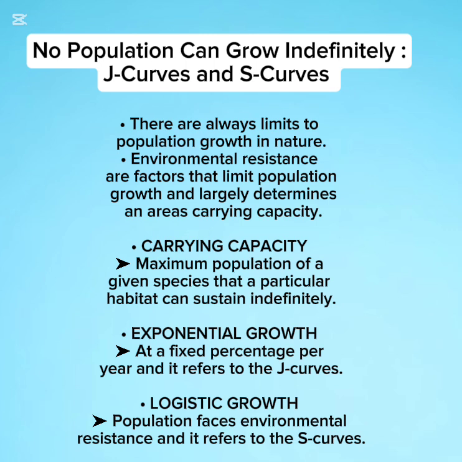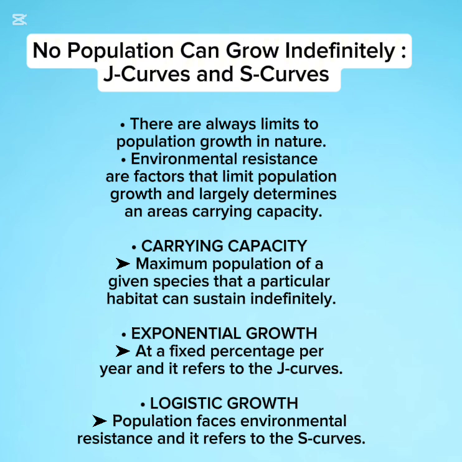The J curve represents exponential growth, where a population increases rapidly at a constant rate. This occurs when resources are abundant and there are few limiting factors. For example, a newly introduced species in a suitable environment may experience a J-curve growth pattern initially.